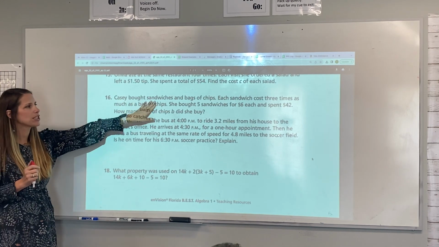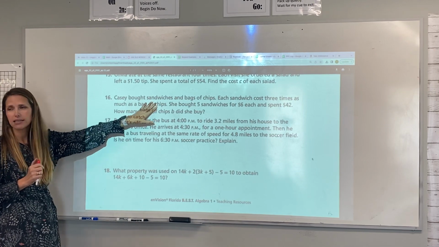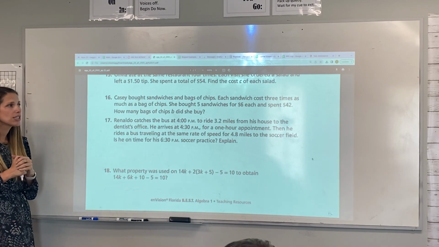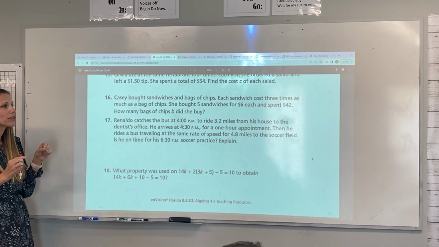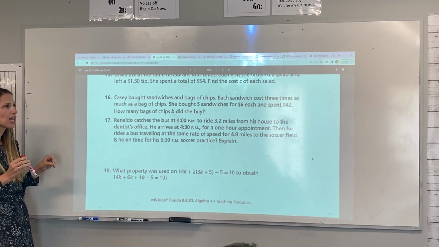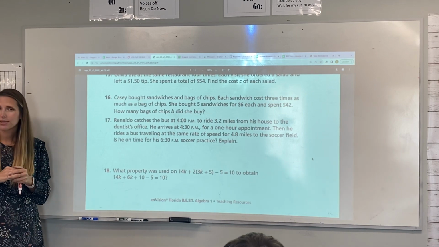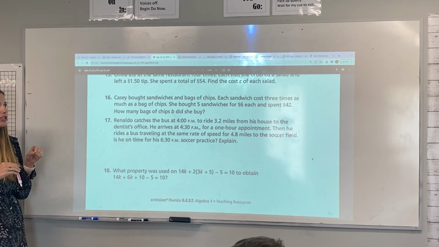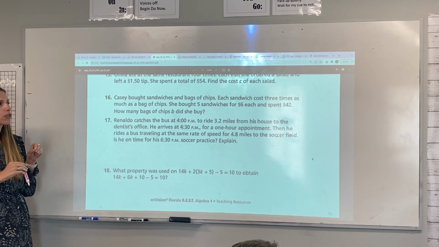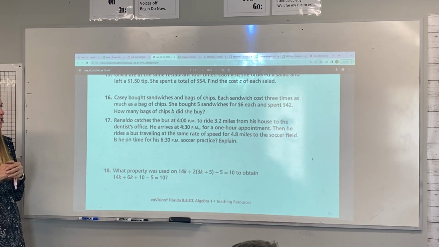Casey bought sandwiches and bags of chips. Each sandwich cost 3 times as much as a bag of chips.